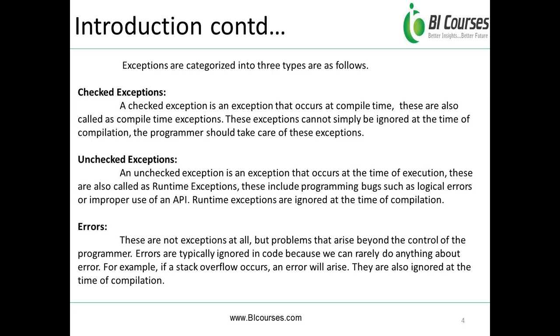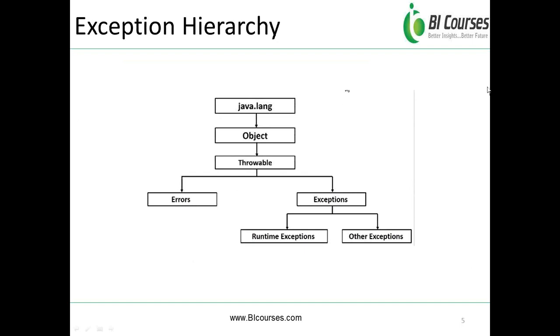So those kinds of exceptions we call errors. So this is the exception hierarchy. The java.lang package is the base package, and under this lang package we have the Object class.